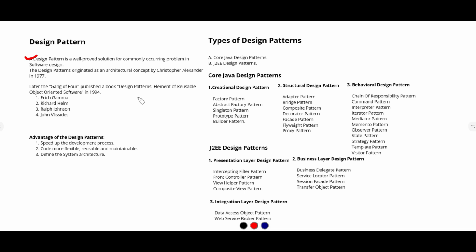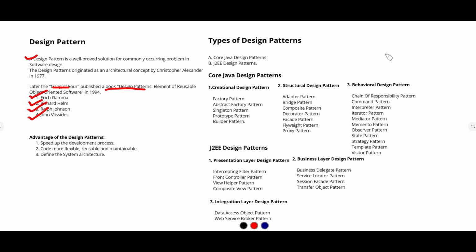After that, design patterns got much popularity in the software industry. Who are the Gang of Four? I have mentioned here the Gang of Four and the book name. The Gang of Four are Erich Gamma, Richard Helm, Ralph Johnson, and John Vlissides.